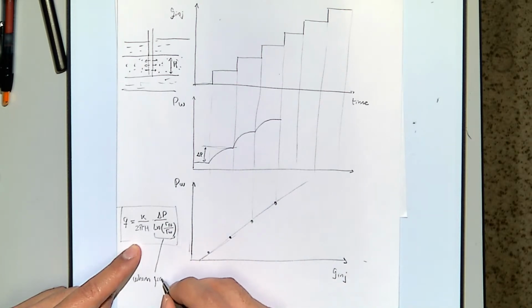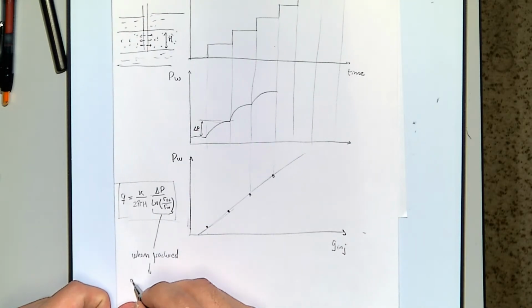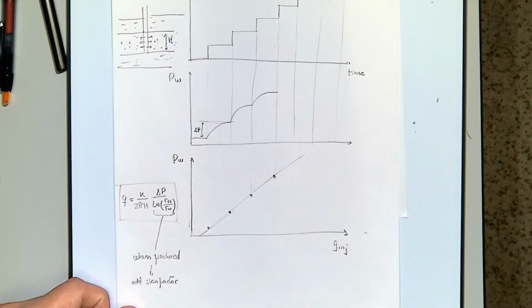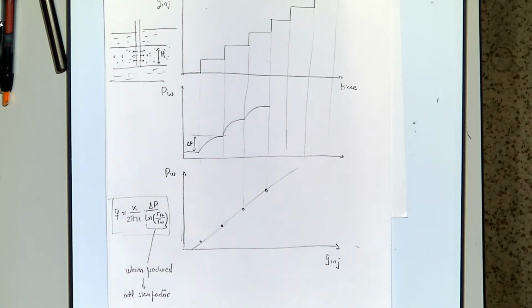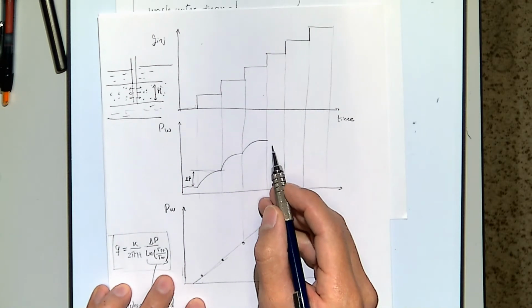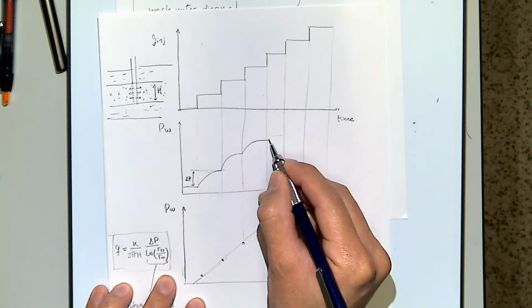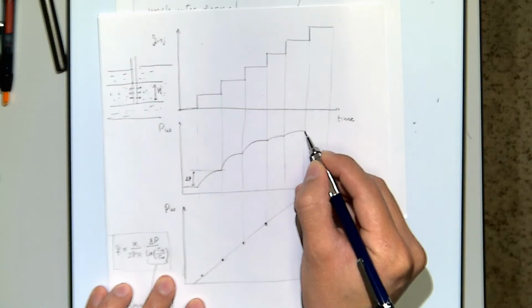So when fractured, if you still want to use this equation, you're going to have to add a skin factor. And that skin factor physically means that, as Michael said, now you have a fracture where the fluid is also getting into the formation through the fracture. And because you have more surface area, the additional jumps of pressure are going to be much smaller to achieve the same increase in injection rate.